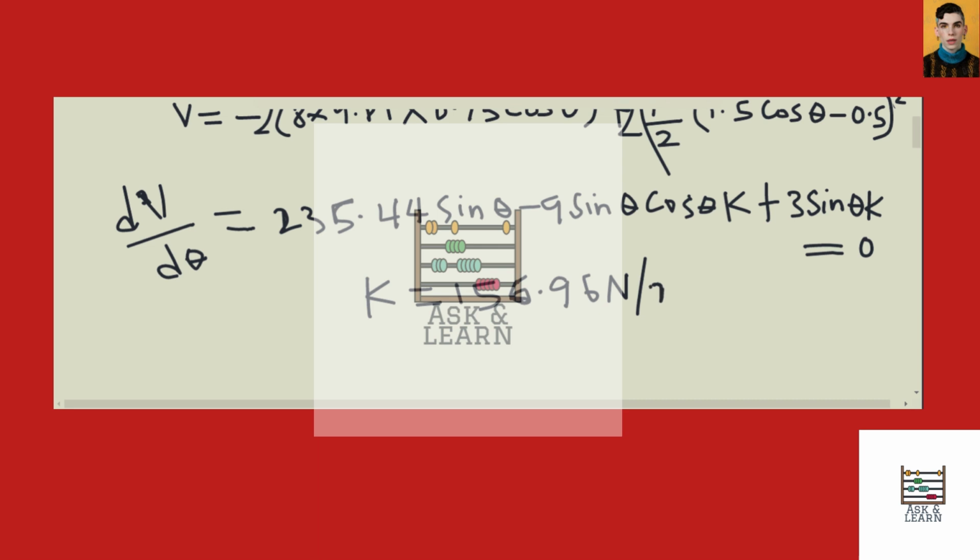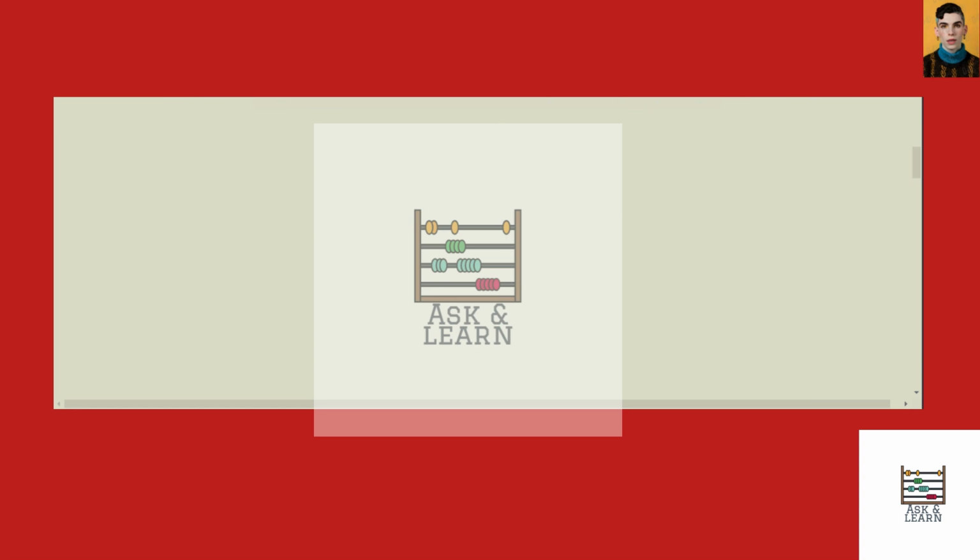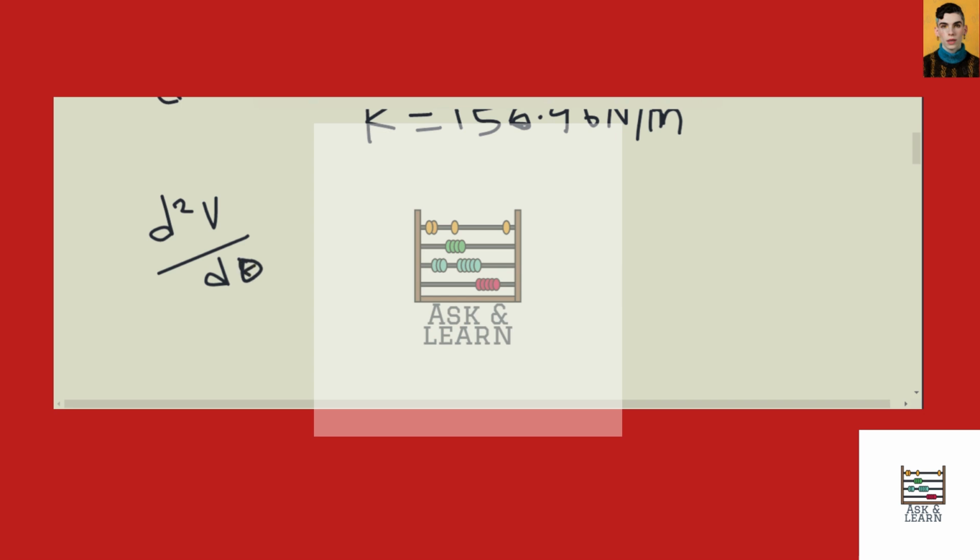So if we take the second derivative, d squared V over d theta squared, that's for stability. We want to determine stability.